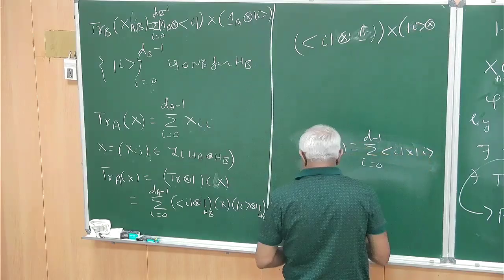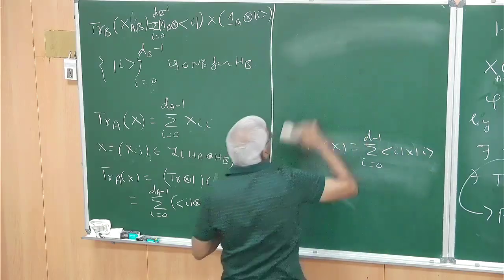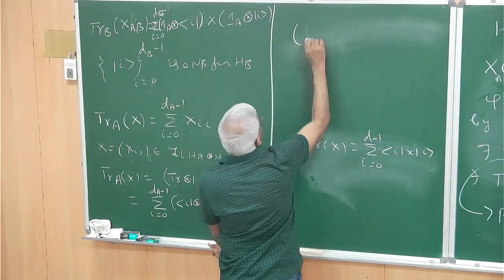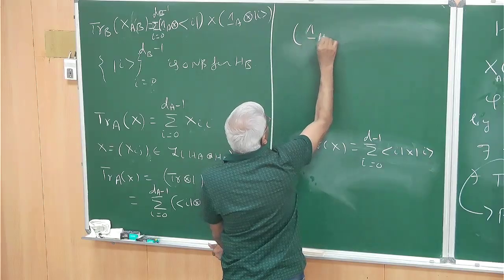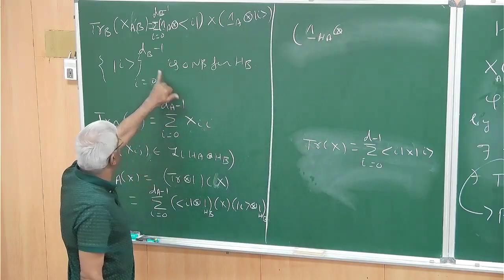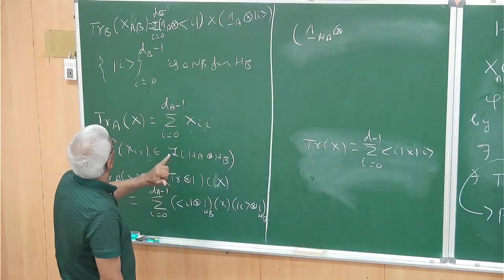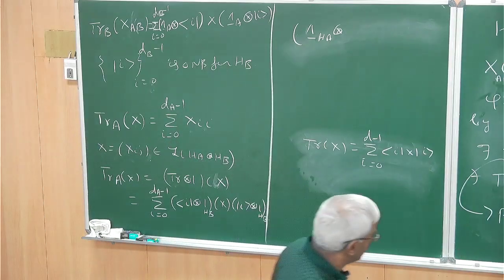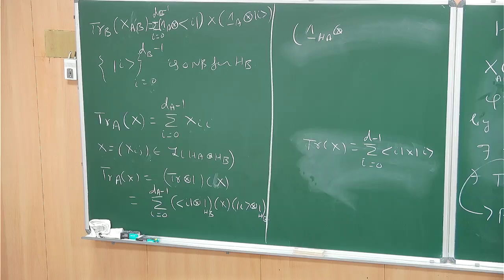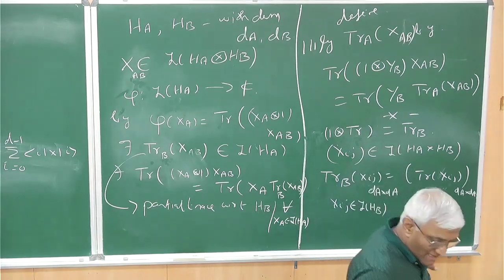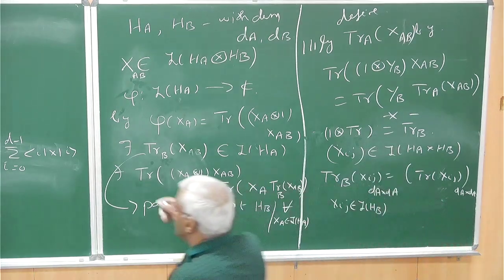I want to write 1_HA tensor and verify this. What I have written there. You can directly verify, or you can use this formula.